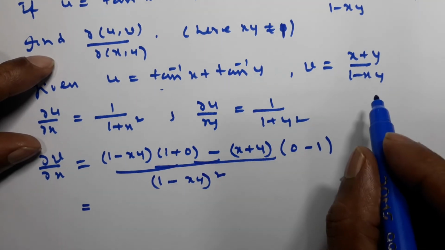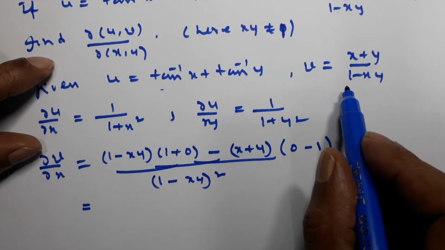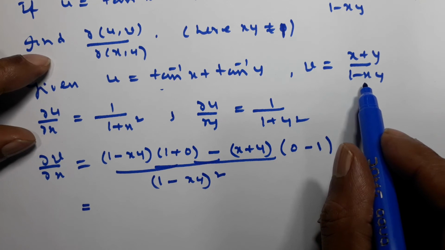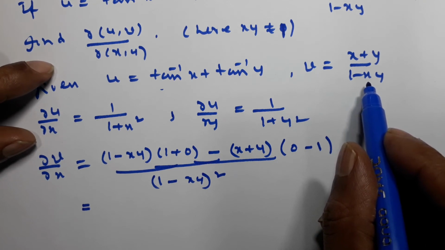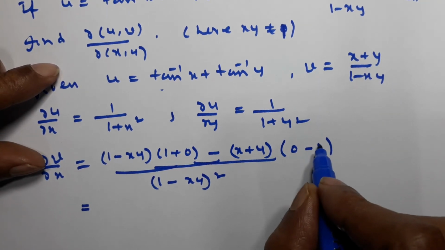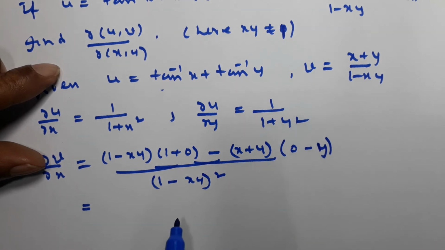right, u by v method means this is 0 minus with respect to x differentiation. So as y is constant, here is y itself.